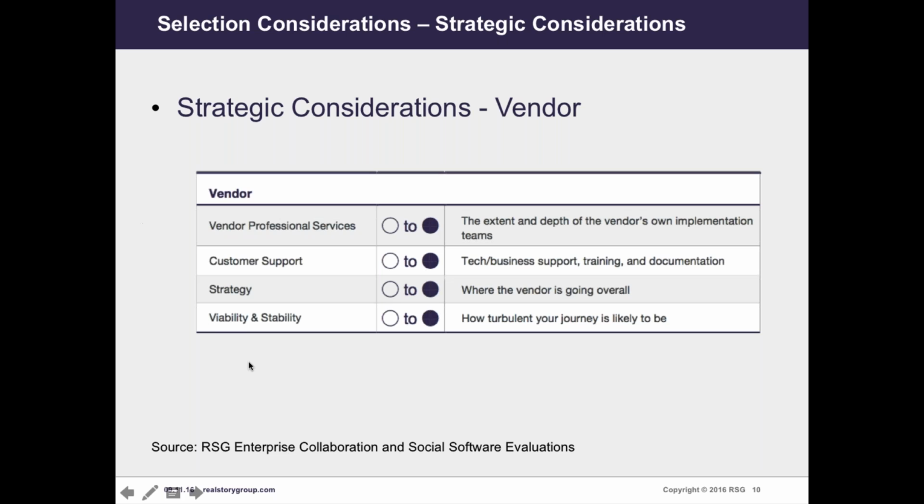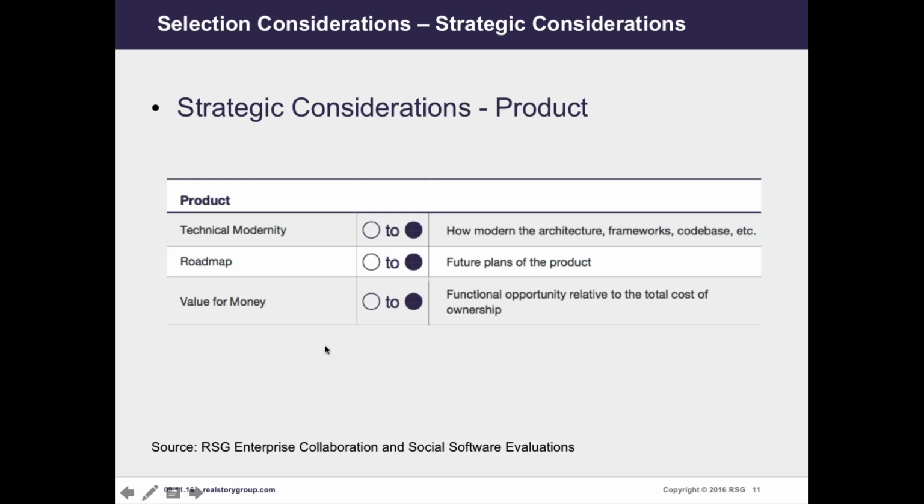So viability and stability are important, and I just want to heighten the fact that in our own evaluations, we don't just look at the vendor size, but also what's the likely future. And then the other strategic considerations around product. People tend to look a lot at roadmaps. We do look at product roadmaps.